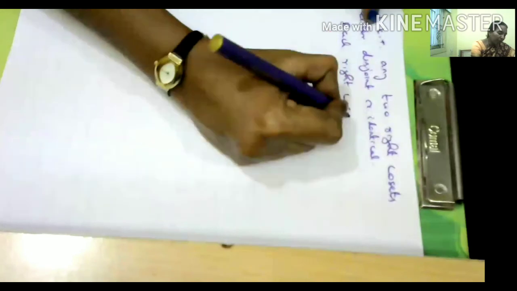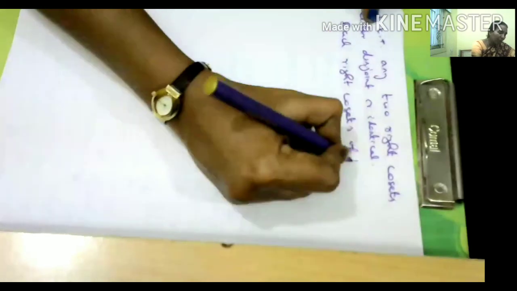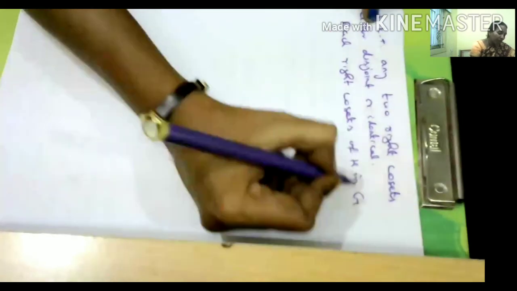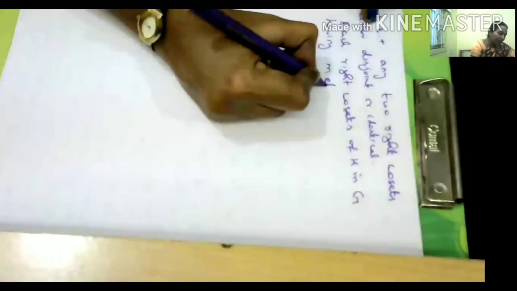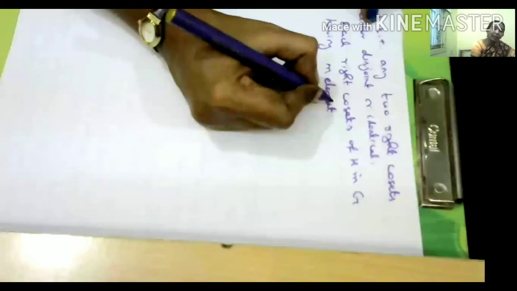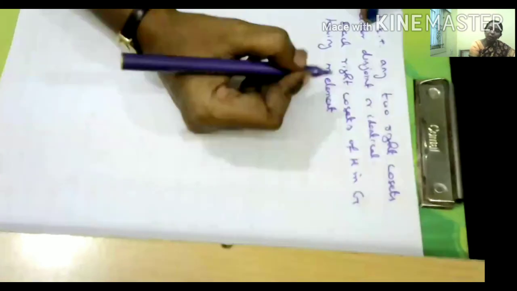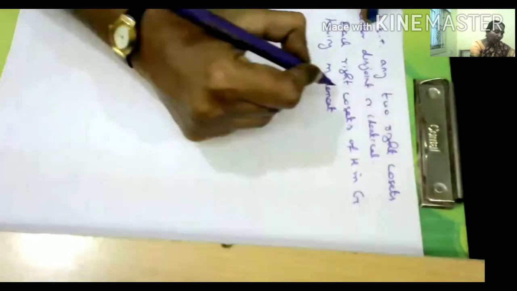So therefore, we can calculate many right cosets of H in G. Each right coset of H in G has M elements, because H has M elements, so a right coset also has M elements.